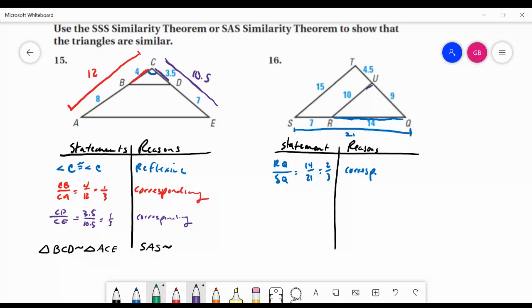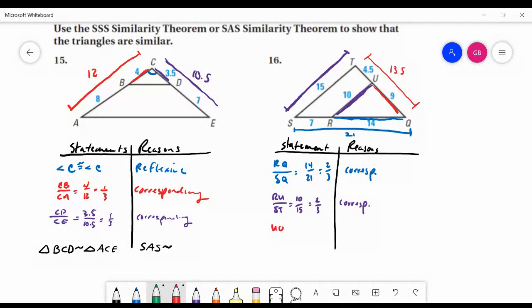Okay. RU and ST is 10 over 15. It simplifies to 2/3 as well. And then the last pair, UQ and TQ is 13.5. So UQ over TQ is 9 over 13.5.